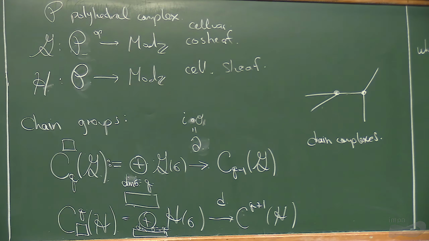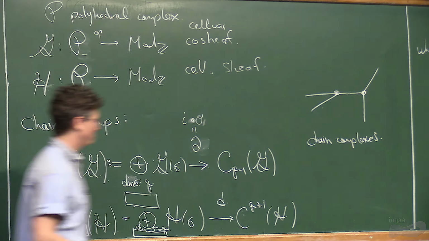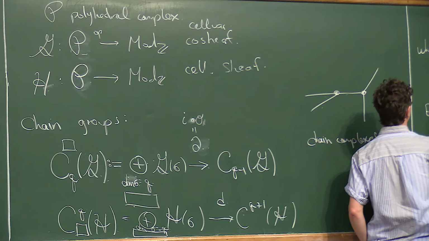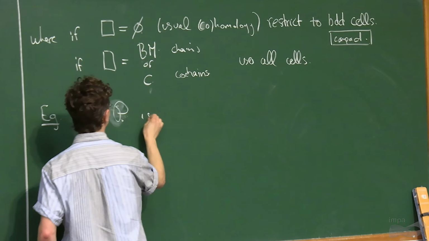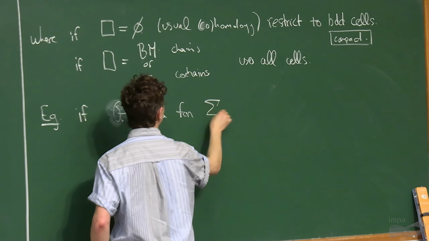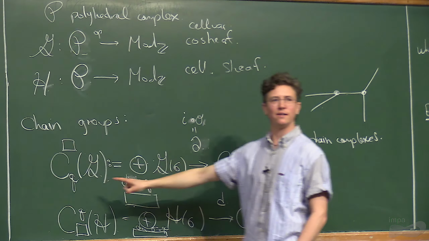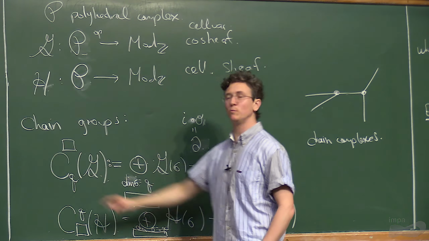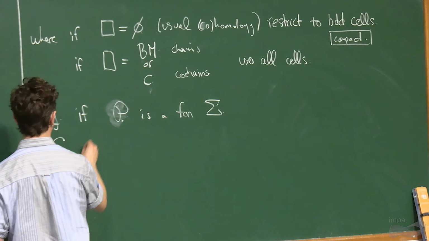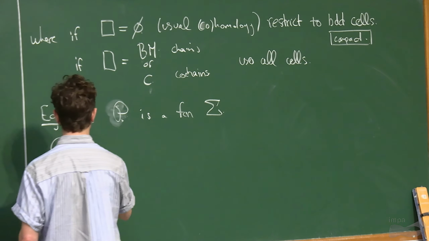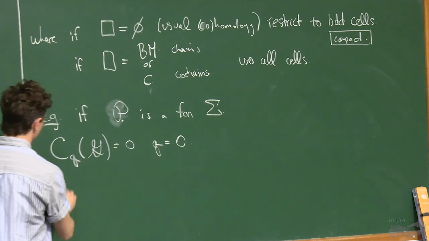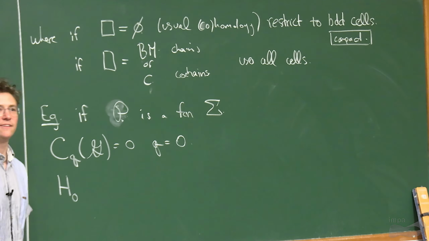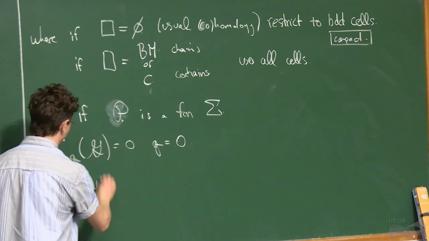So when P is a fan, then the only bounded cell is the original point. Then if we leave this empty, we only have the constant chain, and then we can even very easily compute the cellular homology of this thing.